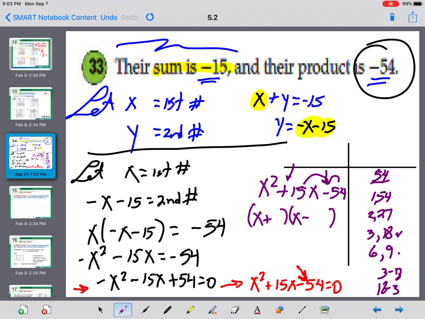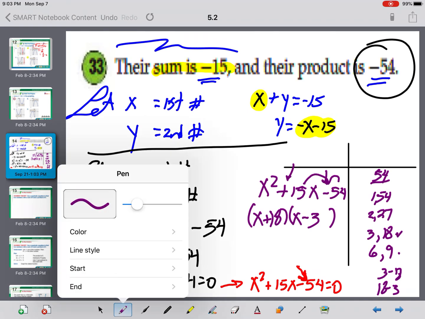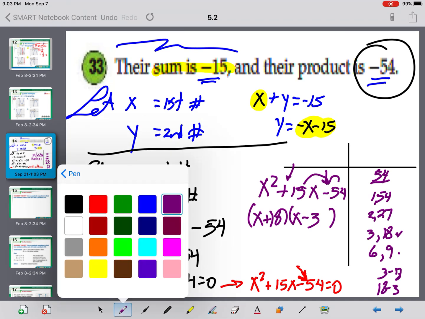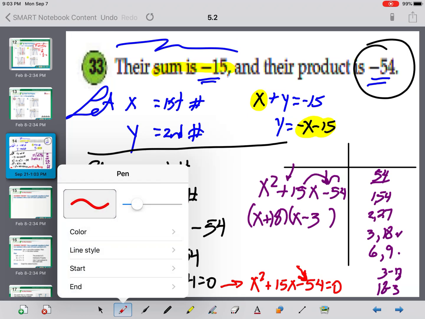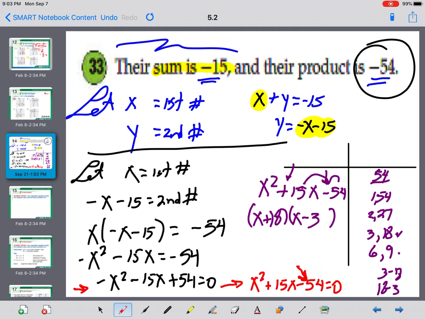Now here's a sum of 15, but here's a difference of 15. That's the one I want. So is it 3 minus 18 or 18 minus 3 to give me my positive 15? And so it's that. So stay with me. You probably had to back up and watch this again. I get that. So one of the zeros is at negative 18. The other zero is at positive 3.